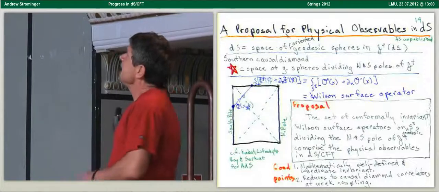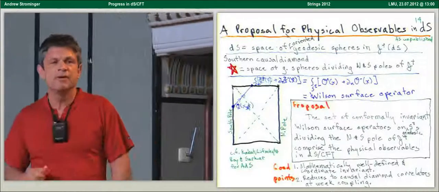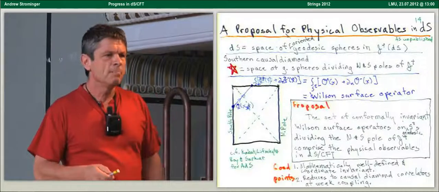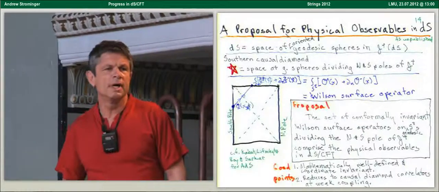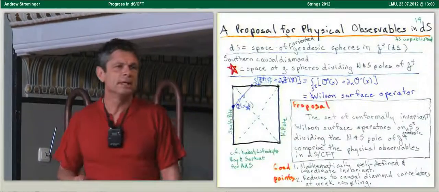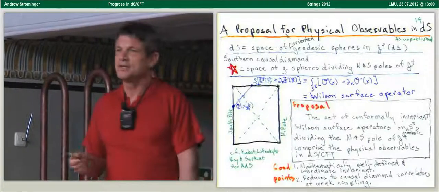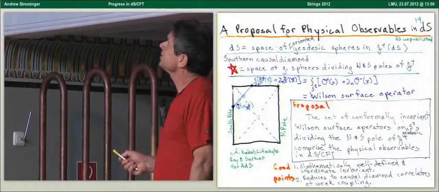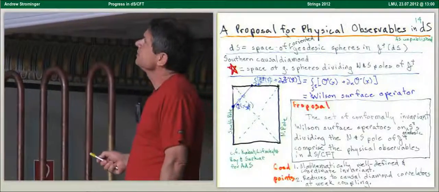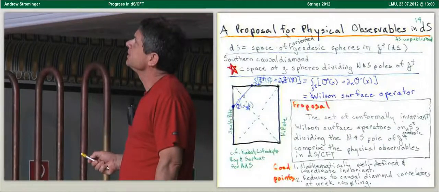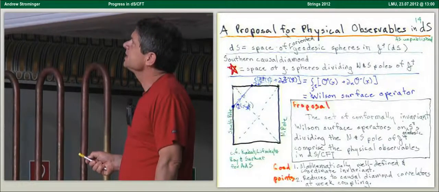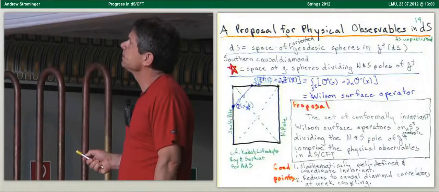And then finally, I want to throw out, motivated by thinking about this, a proposal for what observables should be in de Sitter space. It goes like the following. If you have a bulk operator in de Sitter space, it can be evolved up to scri plus using its equation of motion.